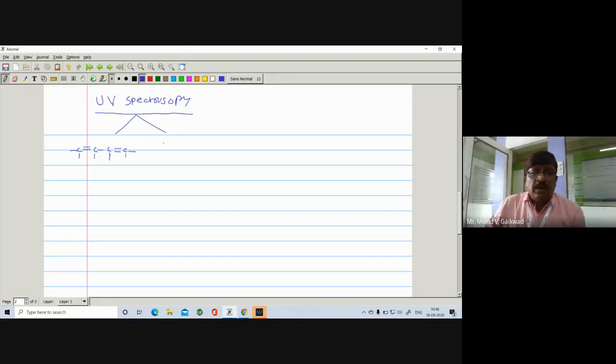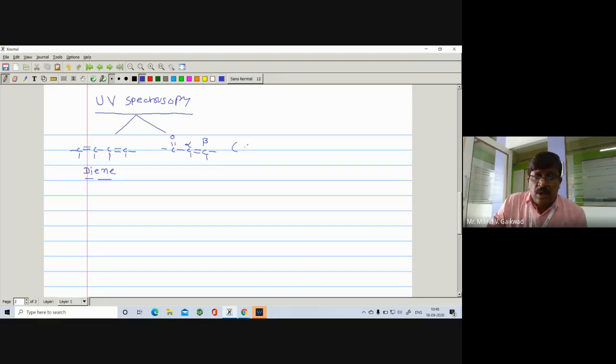Now this UV also gives information about diene, where di means 2 and ene means alkene, and the other is enone. So there is the presence of a C=O and a carbon-carbon double bond in conjugation. This carbon is called alpha and this carbon is called beta.